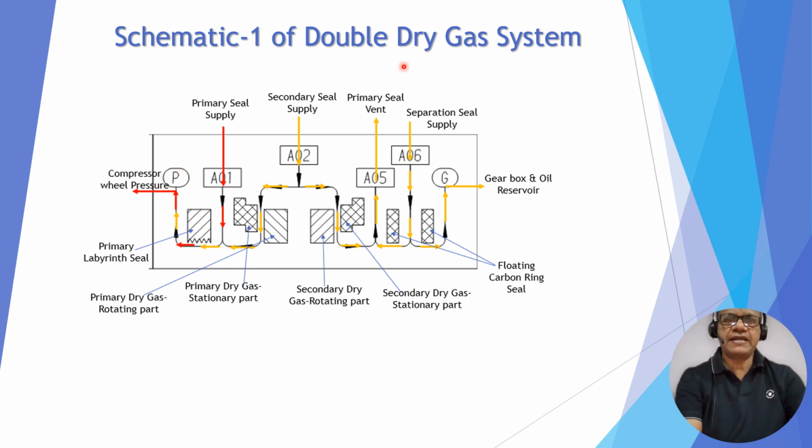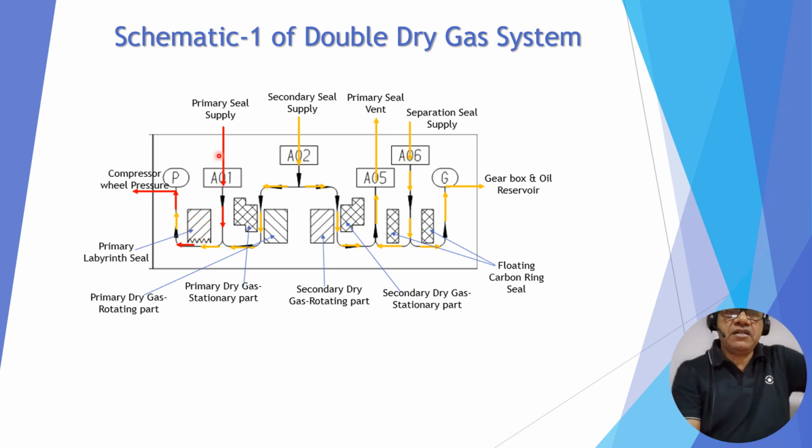You can see it has no connection with the primary seal vent. It has only a reference going to the compressor side, that is wheel pressure. So the primary seal supply will take only the difference of compressor wheel pressure, and we can maintain the delta P as per the flow requirement.